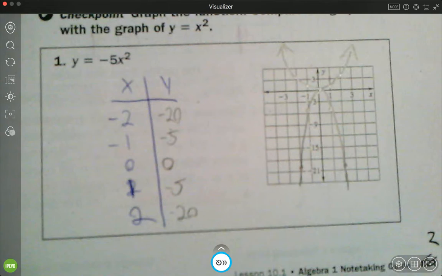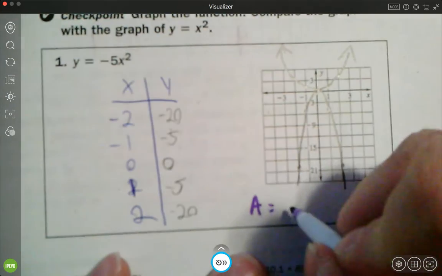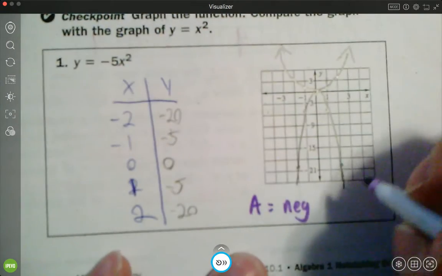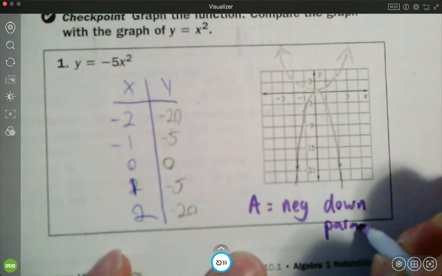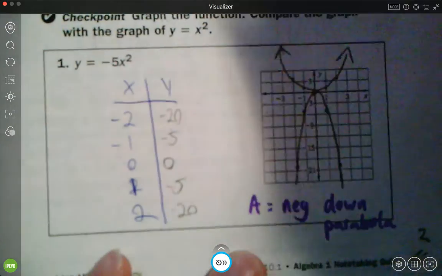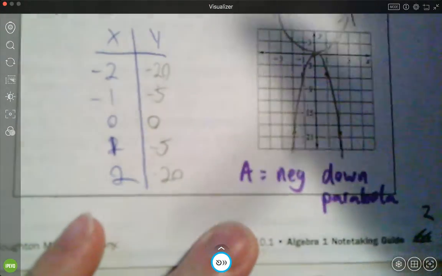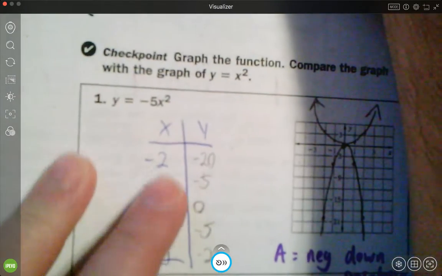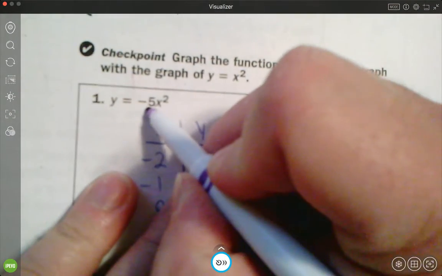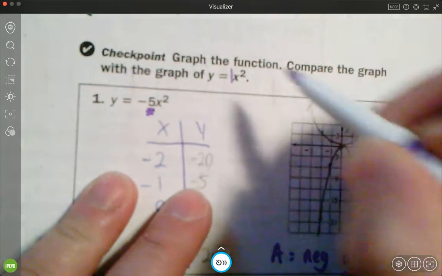So what are some of the comparisons you might have said? I would say that when a is negative, in this case -5, it gives you a down parabola, right? Not only does it give you a down parabola with the negative part, the 5 compared to the 1 there.